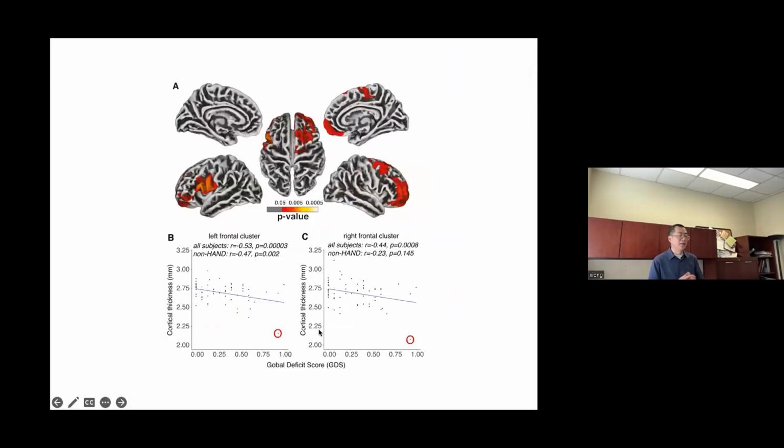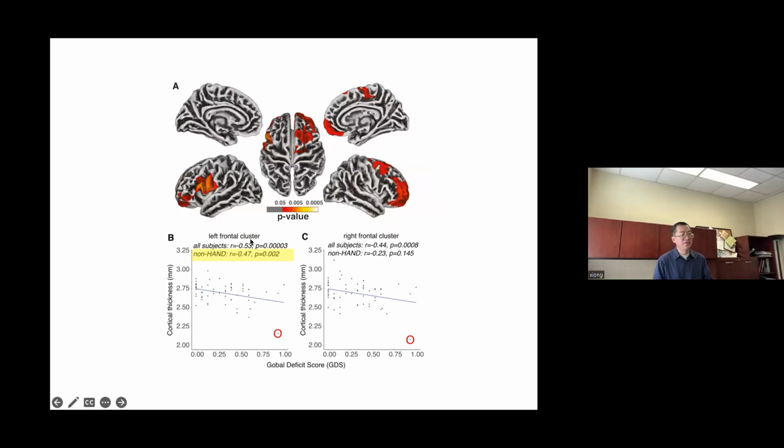In addition, we also checked how cortex thickness is associated with brain function, with cognitive function in general. Here we use the GDS score. It's very interesting. The findings are mainly in the frontal region, and what's even more interesting is that even in patients without HAND, who are still cognitively normal, the cortex thickness in the frontal region still correlated with their cognitive function.